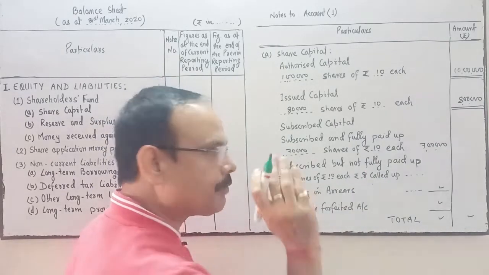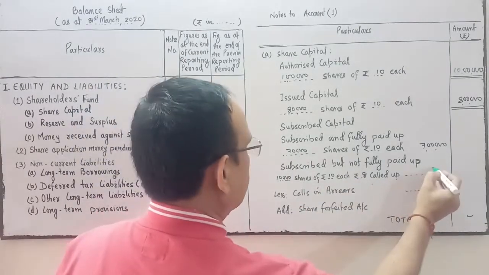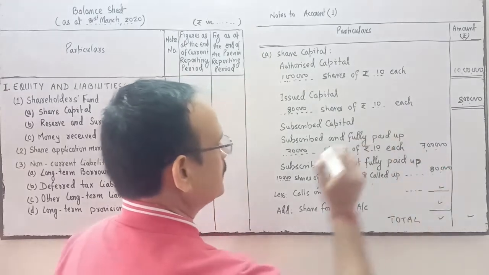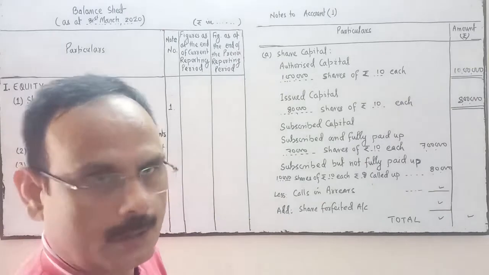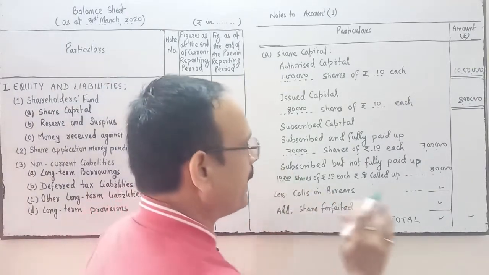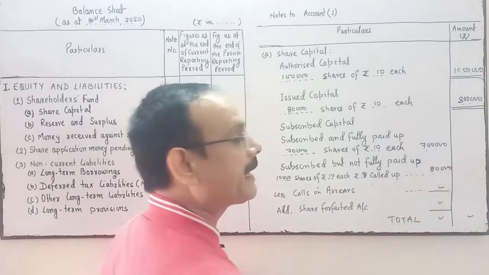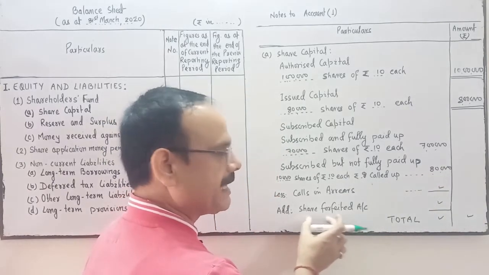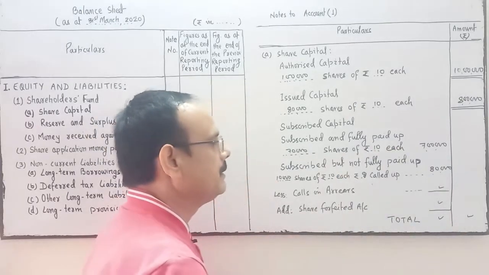It means it is not fully called up. 8 called up, then it is 80,000. So this comes under subscribed but not fully paid. This we will write in the outer column: 7,80,000. Add forfeitures. If there is any forfeiture balance, then that forfeiture will be added.